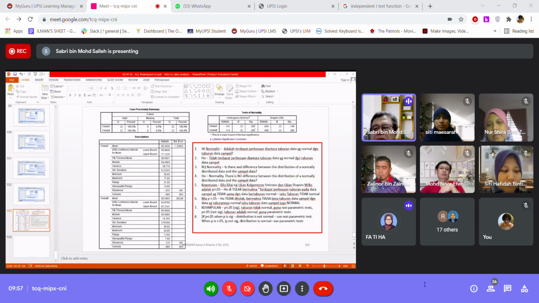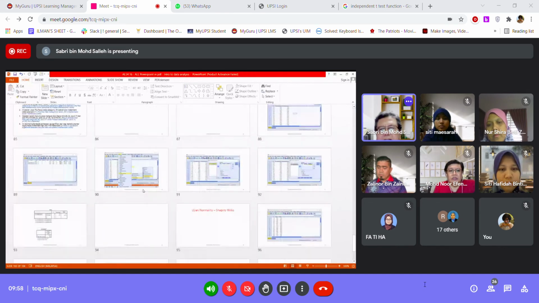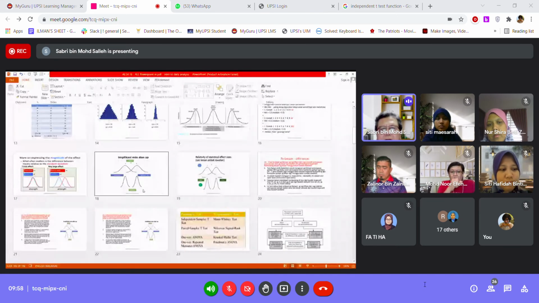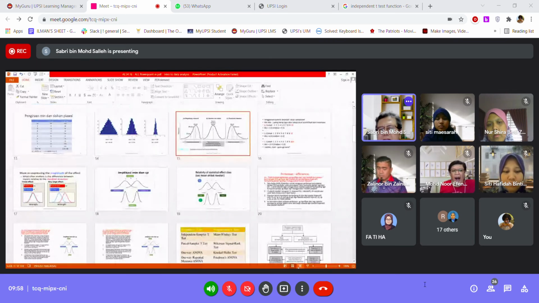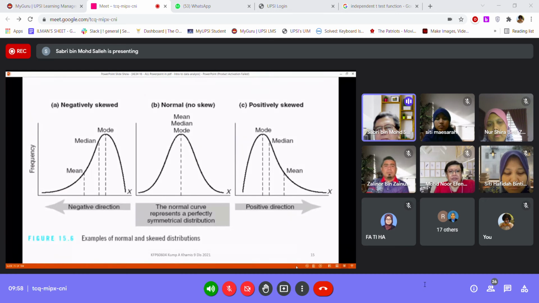So now we are comparing our sample data dengan normal data. Macam mana rupa normal data? Boleh nampak tak rupa normal data dengan rupa tak normal data? Normal distribution. Itu normal.